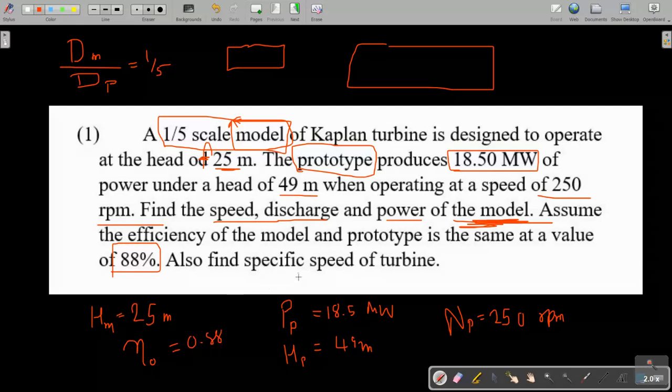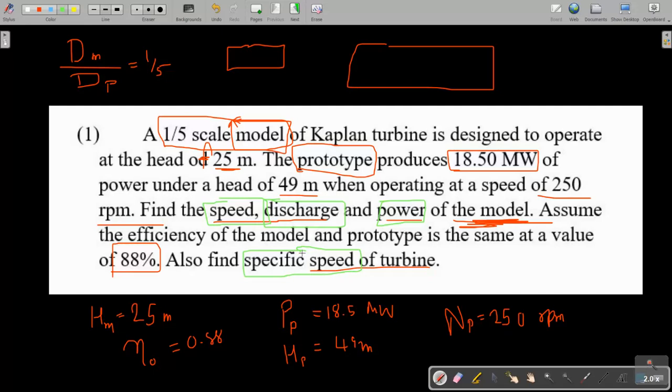And also find the specific speed of the turbine, okay. So we have to find four things: speed, discharge, power, and specific speed.